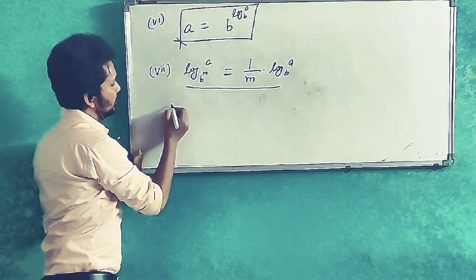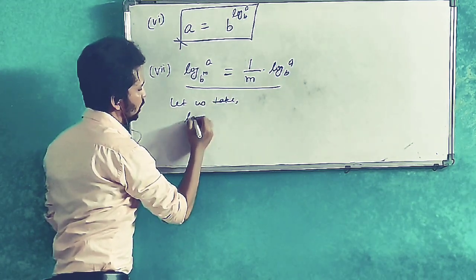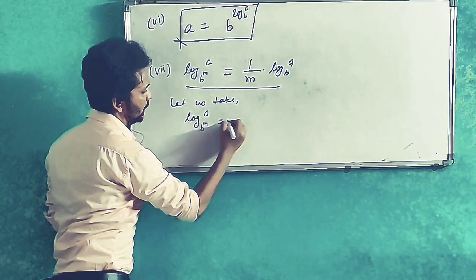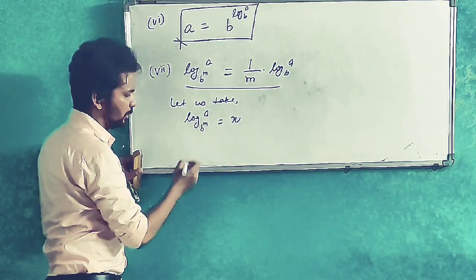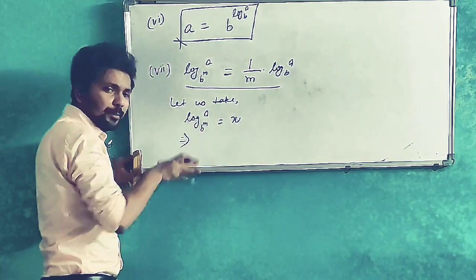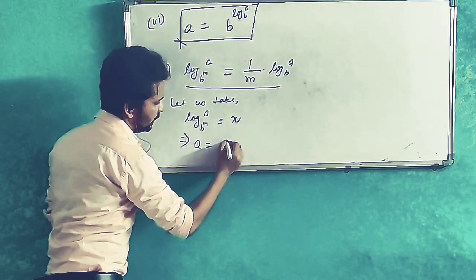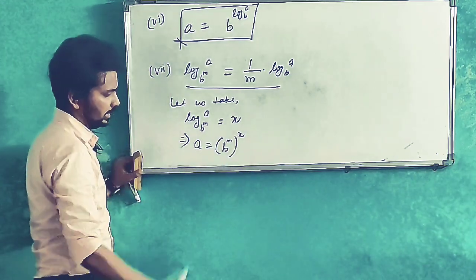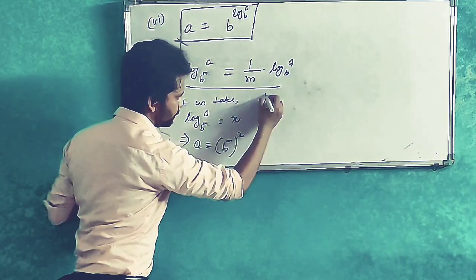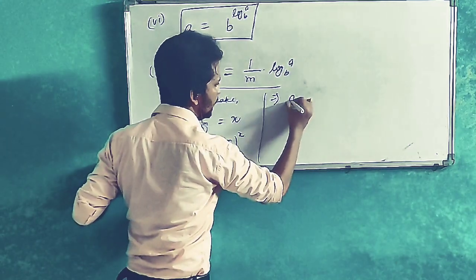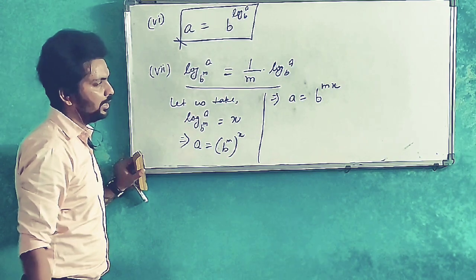Let us take log a base b raised to m as x. So log a base b raised to m is equal to x. Using the fundamental property of log, I can write a is equal to b raised to m whole raised to x. Now this can be written as a is equal to b raised to mx.